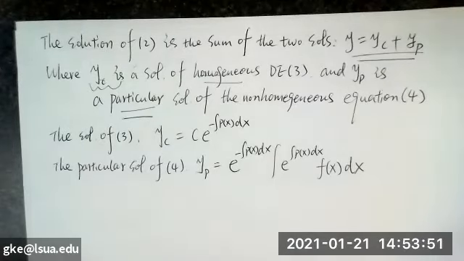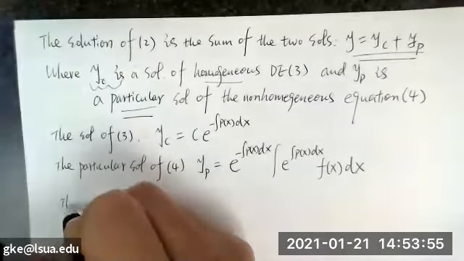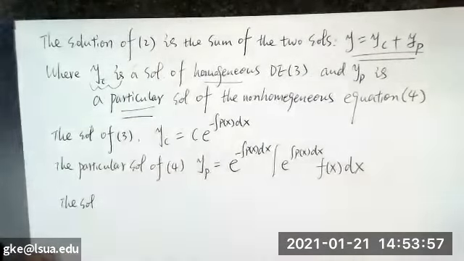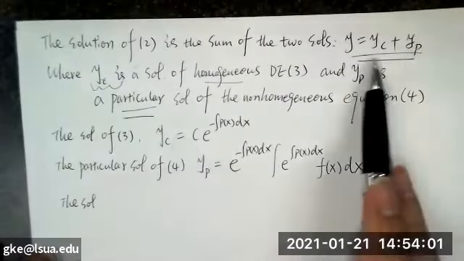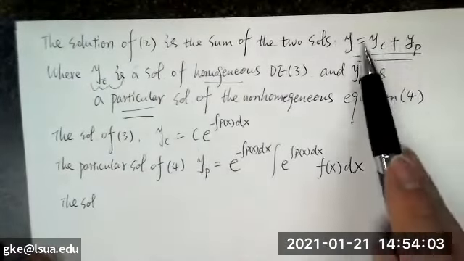Now we know the solution of 2, because the solution of 2 is a combination of these two, right? YC plus YP.